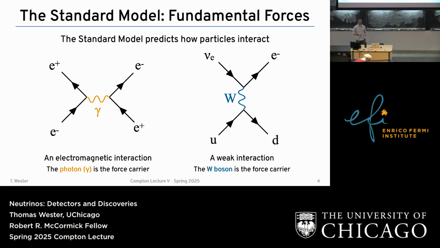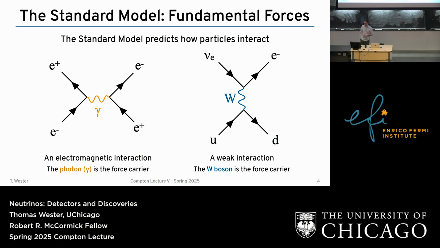And we talk about the forces that are involved in this process as the exchange of these force carrier particles. So the photon, in this case, carries the electromagnetic force, and it mediates this annihilation process. And at the end of that, what you get is an energy release in the form of another electron and a positron.